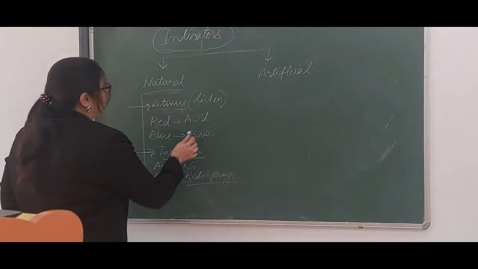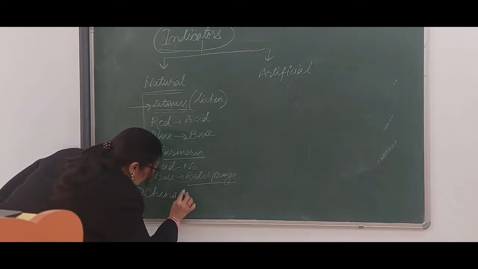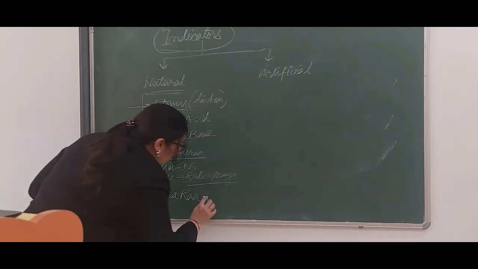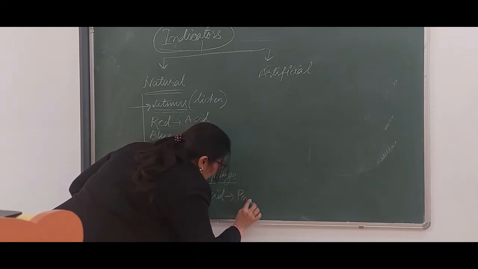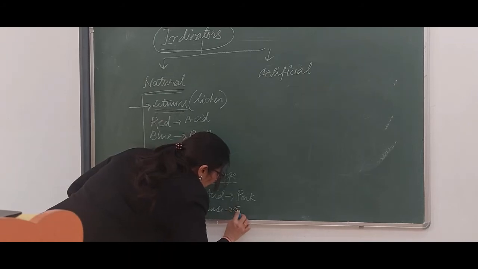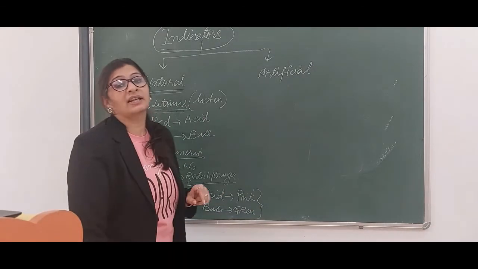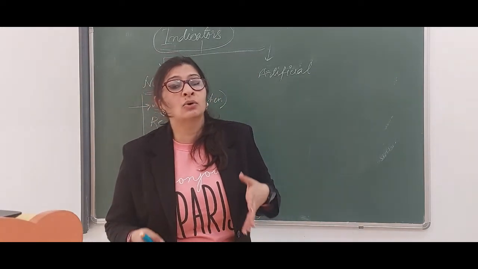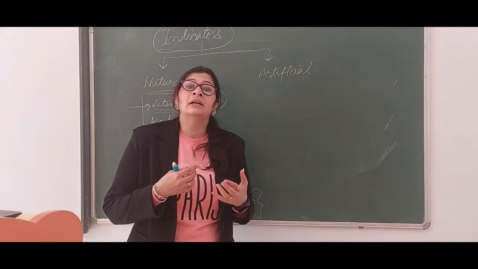One more is there, that is China rose. Okay, China rose solution अगर हम use करते हैं, we have used it in our lab. It is very amazing. It gives pink color with acid, and with base it gives green color, and the colors were really amazing. बहुत ही ब्यूटीफुल कलर आते हैं. अगर आप चाइना रोज के पेटल्स को गर्म पानी में डाल के रखो थोड़ी देर तक, for half an hour, 1 hour, you get the solution.